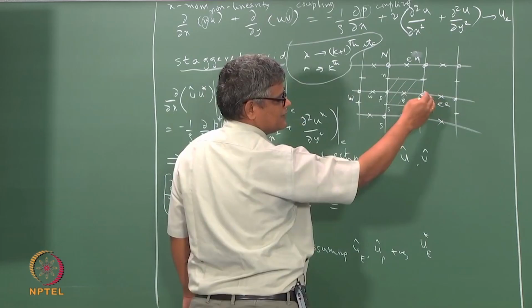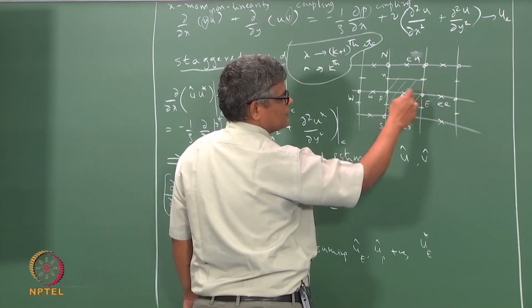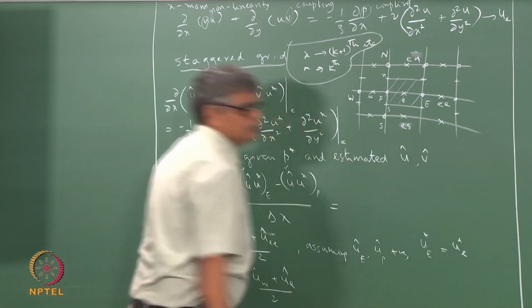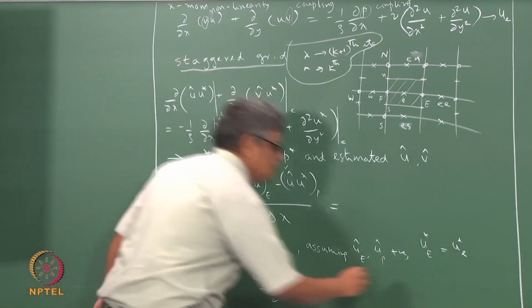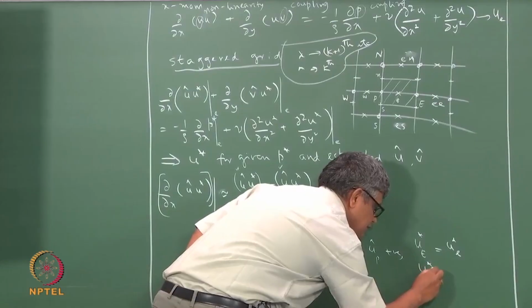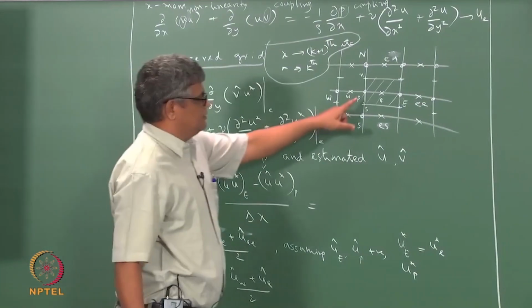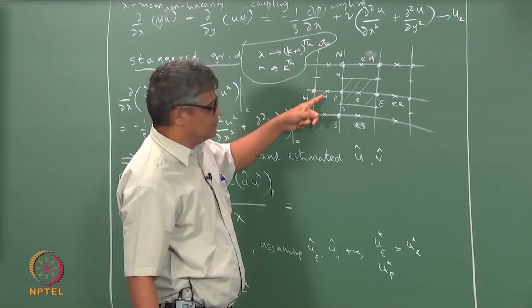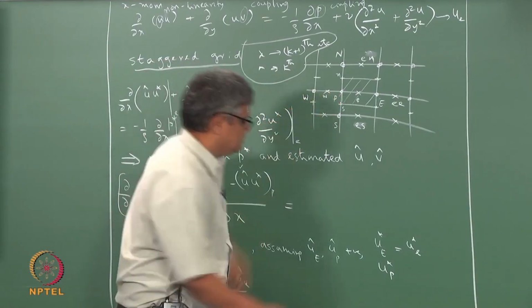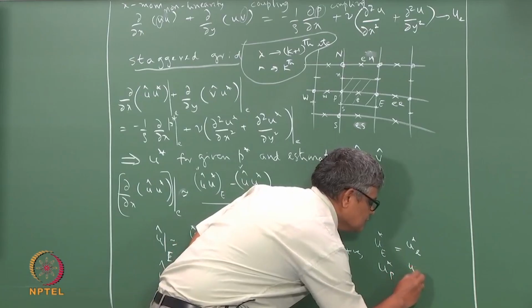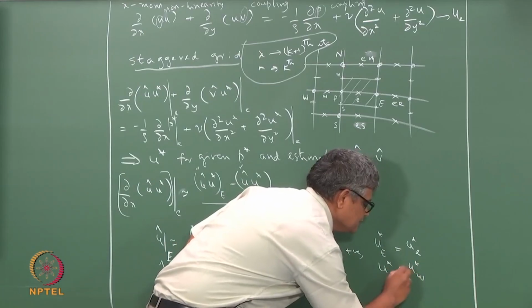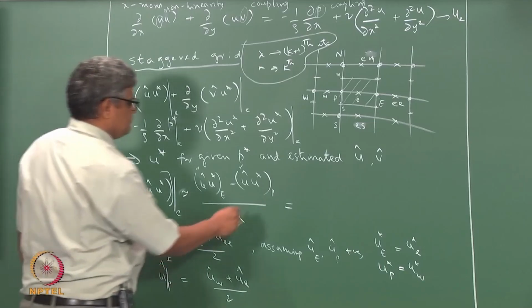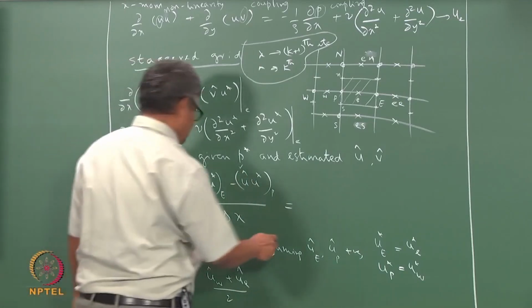So for u star at capital E, the advected velocity is equal to UE, and similarly for u star at capital P here, the advected velocity component is the velocity coming from the nearest neighbor here, which is u star W.